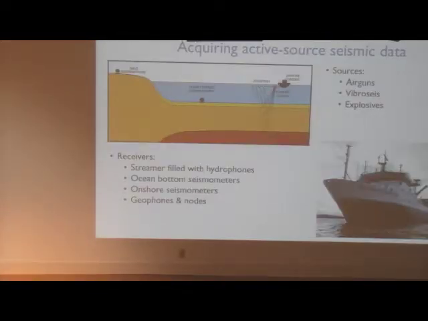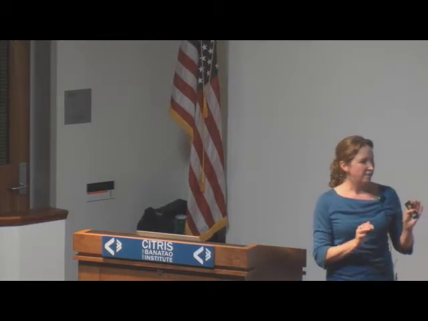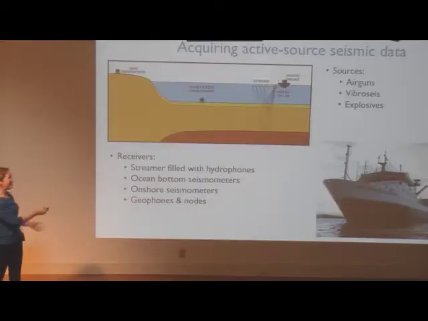Okay. So now I'm going to race. I want to make sure I get to the results. So I'm just going to race through some things about how we collect the data, and hopefully you'll keep in mind the attributes we need from our data to have it tell us what we want from the last section and this section. We can do this on land and at sea. In the ocean, we almost exclusively use air guns to make our sound waves.